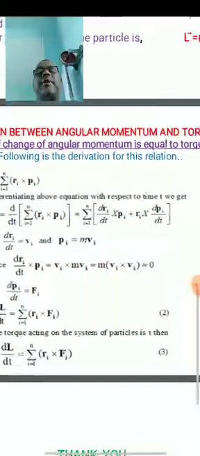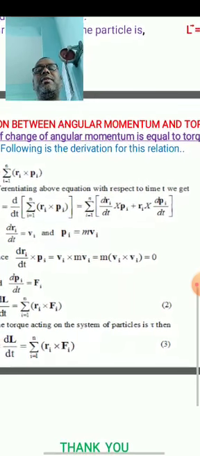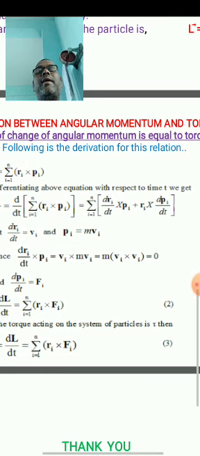Then the sum of dr_i by dt cross p_i plus r_i cross dp_i by dt, based on partial differentiation.